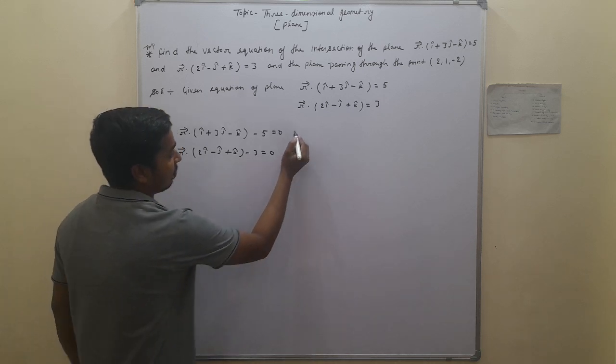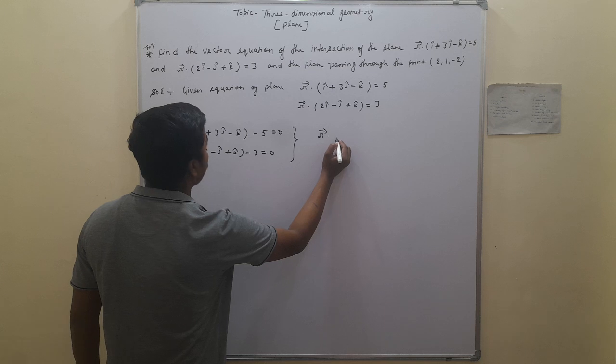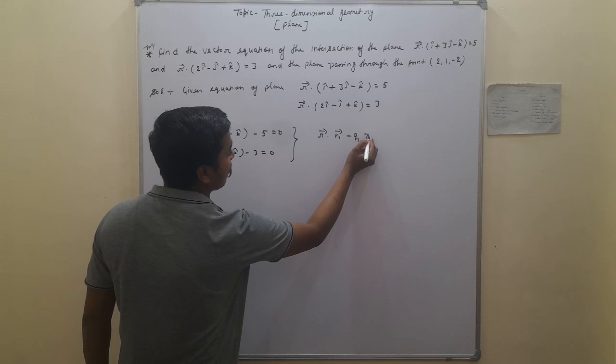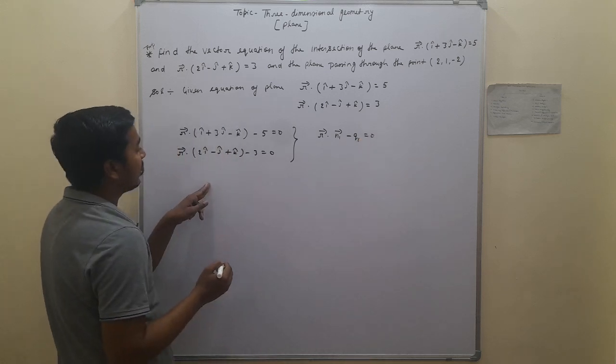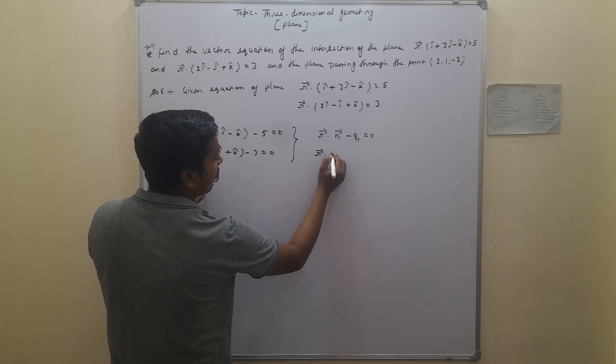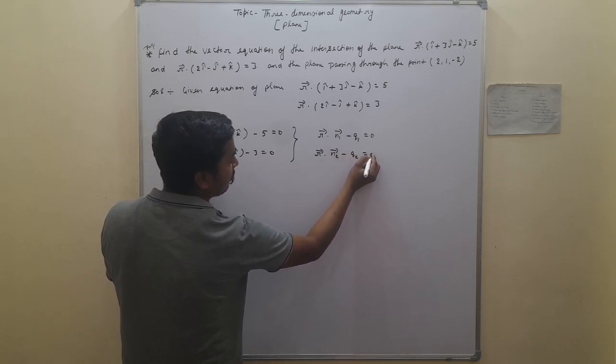This is of the form r vector dot n1 vector minus q1 equals 0. Similarly, we can write for the second plane: r vector dot n2 vector minus q2 equals 0.